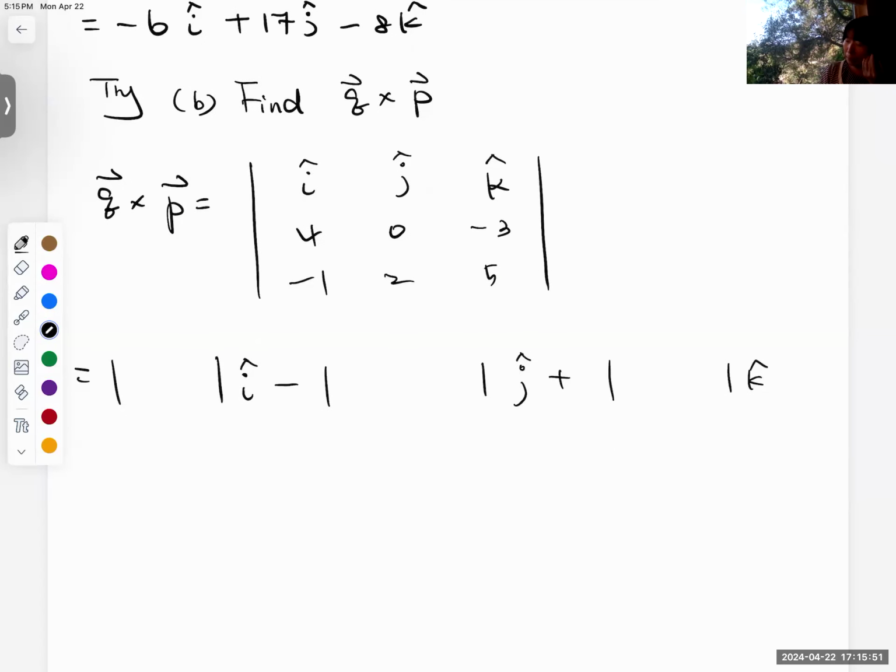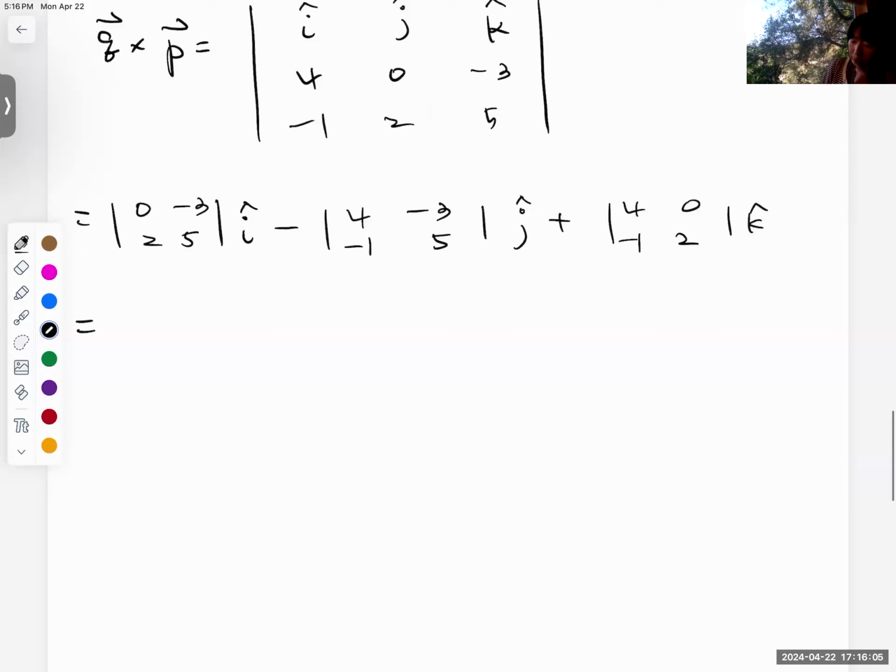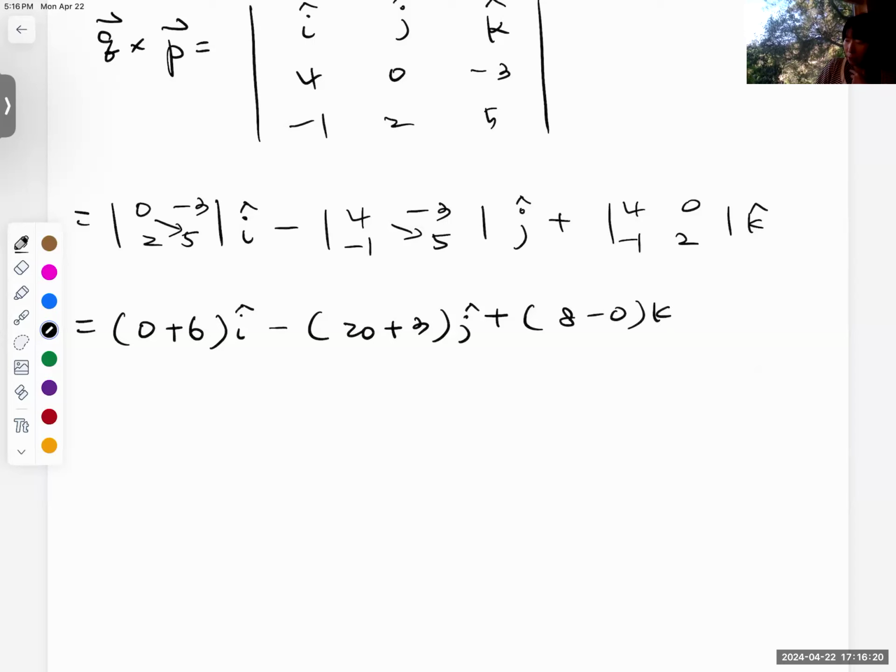Okay, i: 0, negative 3, 2, 5. j: 4, negative 3, negative 1, 5. k: 4, 0, negative 1, 2. So we have 0 minus plus 6, and minus 20 minus plus 3, plus a minus 0, right? Okay, can you please calculate?